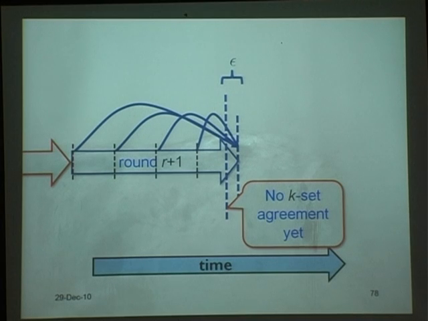You just get a bunch of messages, you wait for some amount of time. If I could decide here, then I could have made the same decision before, because I haven't learned anything.